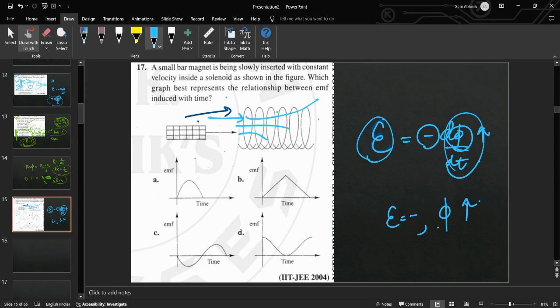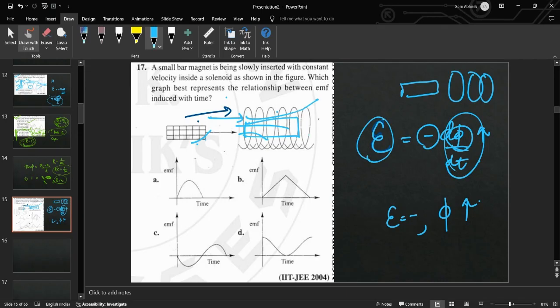Straight away. Okay, let's check a bit more. Suppose after it moves completely towards the coil and goes inside the solenoid. Sorry, this is a bar magnet. I'm saying solenoid. The bar magnet goes inside the solenoid.